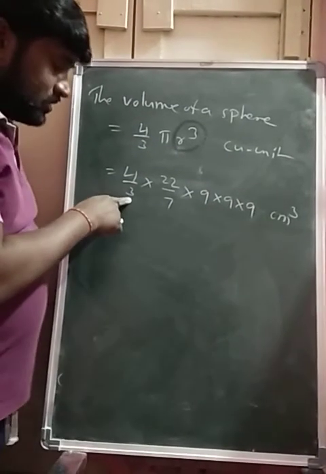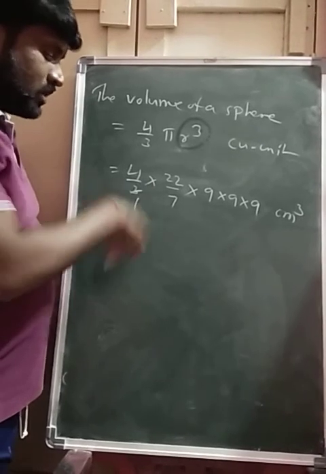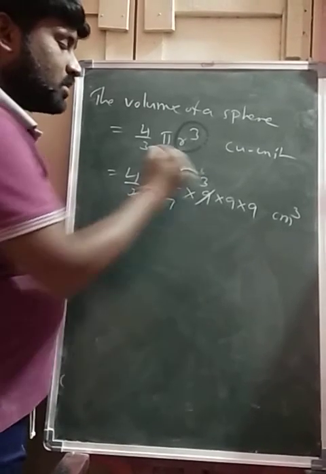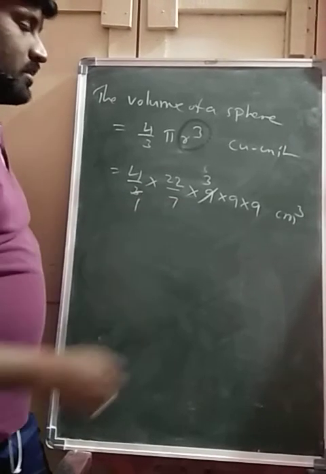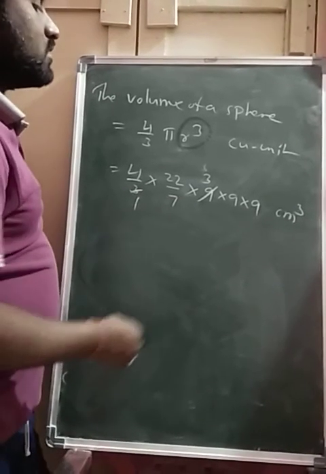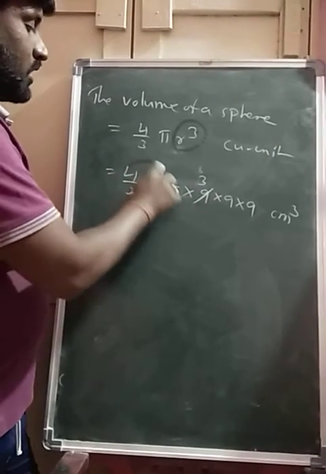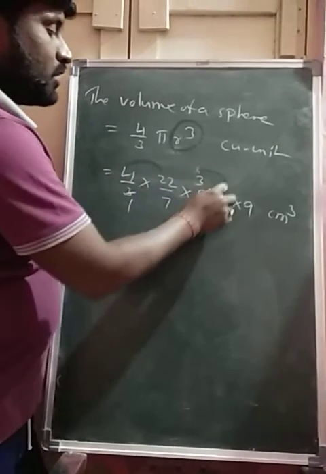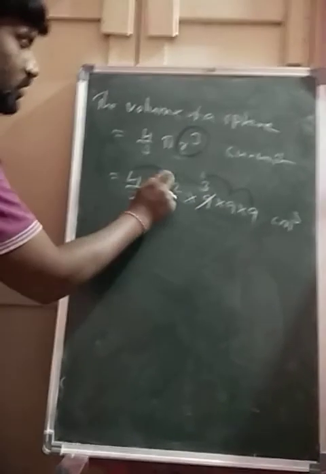So using 3 table, 3 ones are 3, 3 threes are 9. Okay, next, 4 into 22, 3 into 9 into 9. Okay, so 4 into 22 means what?